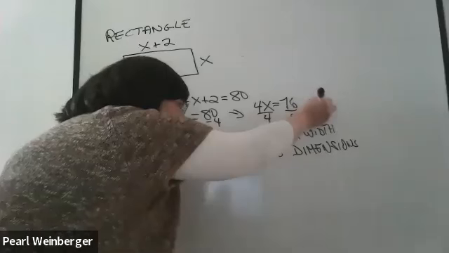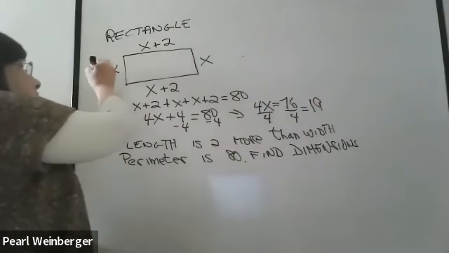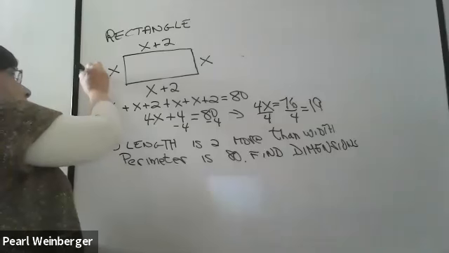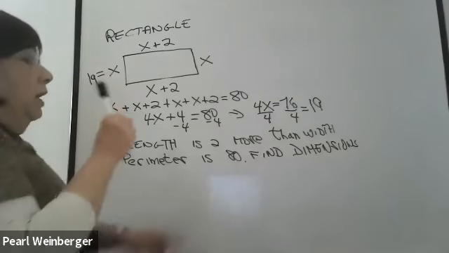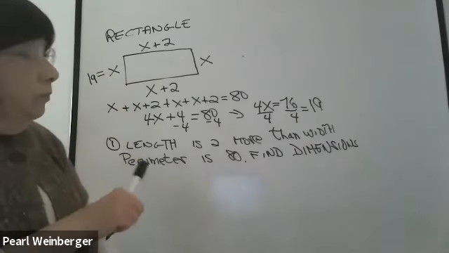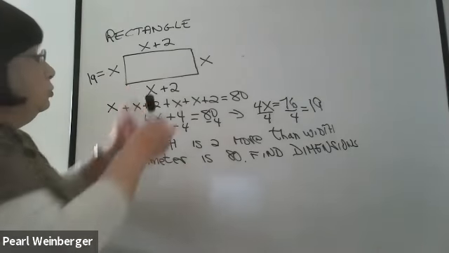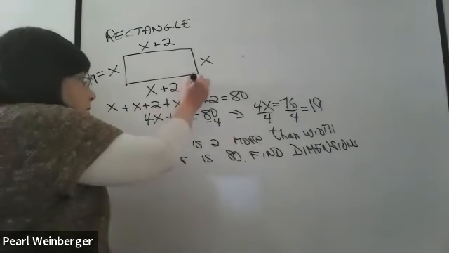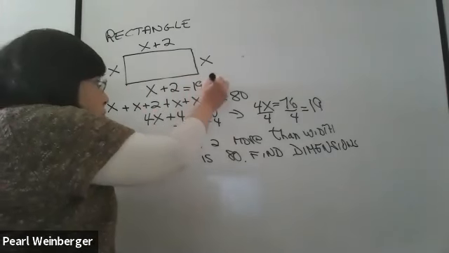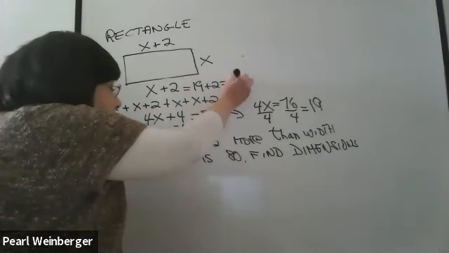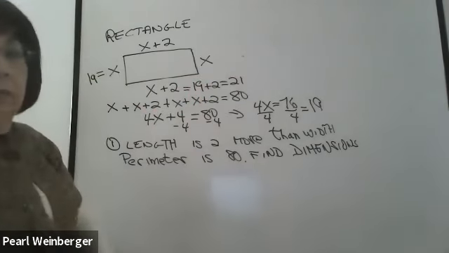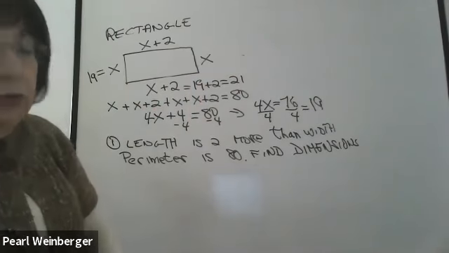It turns out that my x is equal to 19. Remember, x stands for the width. And the x plus 2 will be the 19 plus 2, which is 21. The length is 21.